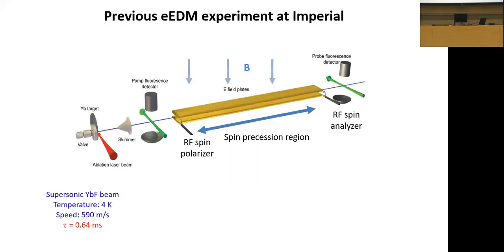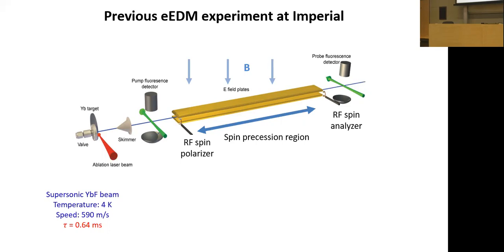This is the schematic of the previous Imperial EDM apparatus. YbF molecules are generated here in a supersonic beam. We prepare the molecules in the plus state, and the molecules pass through a spin precession region where we apply precisely controlled magnetic and electric fields. Then we measure the population in the plus and minus states.